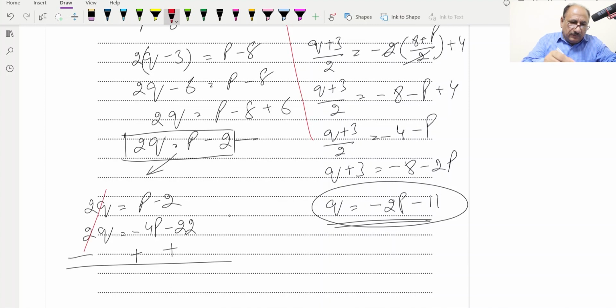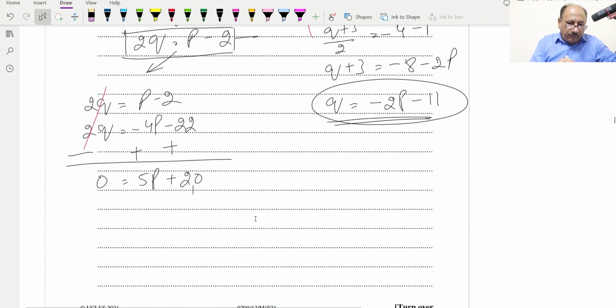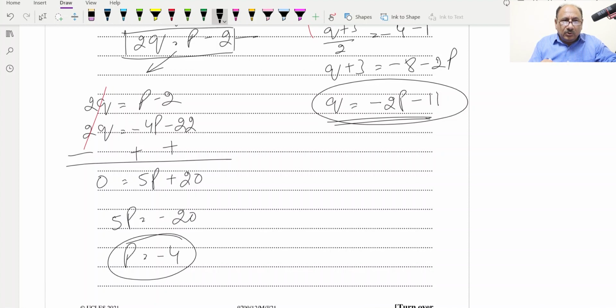After cancellation, this side will become 0, is equal to, this will be 5p and plus this will be 20. So this implies 5p will be equal to minus 20 and p will be equal to minus 4. P will be equal to minus 4 and we can replace this in any of these two equations.